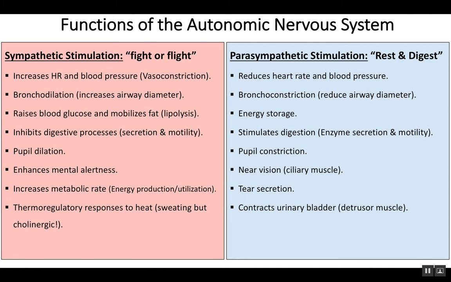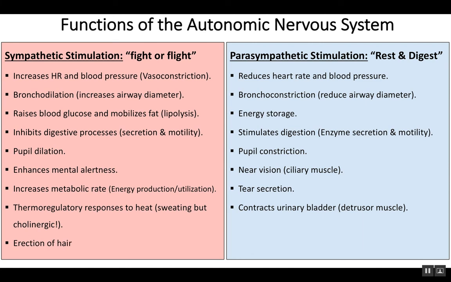So norepinephrine is really the hormone that does all these things. Increases heart rate, increases blood pressure, dilates the airways, inhibits digestion, dilates the pupil. Those are all norepinephrine. These parasympathetic responses are acetylcholine, so they're cholinergic. So there's one exception here, that sweating is cholinergic, whereas most of the other sympathetic responses are norepinephrine.